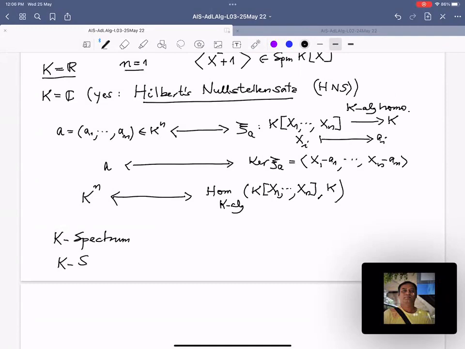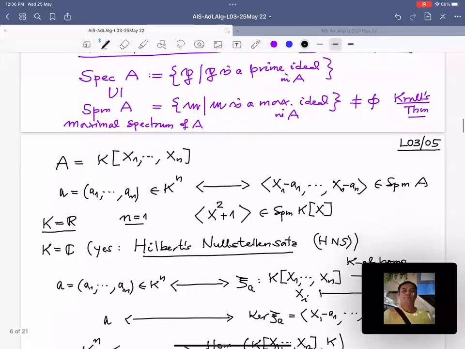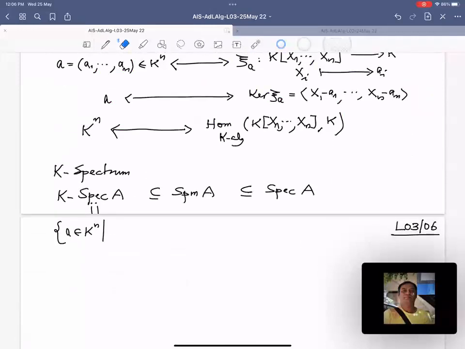If I write K-Spec A, this is a subset of Spm A, which is a subset of Spec A. By definition, it consists of those maximal ideals that are precisely the ideal generated by x1 minus a1, ..., xn minus an, where a is (a1, ..., an).